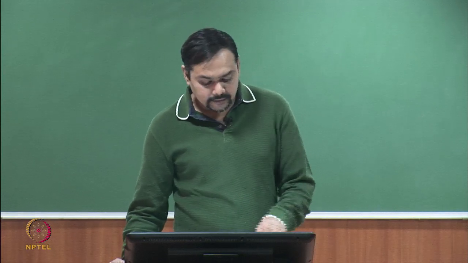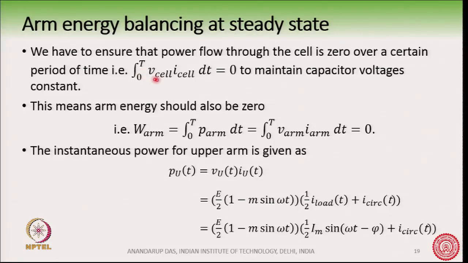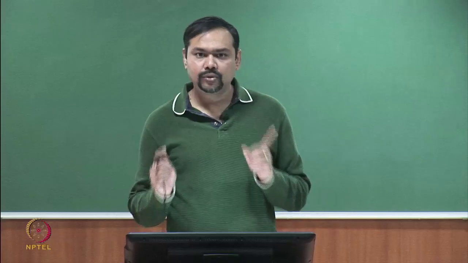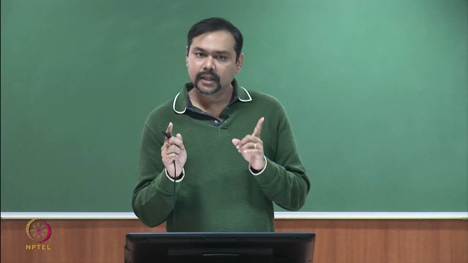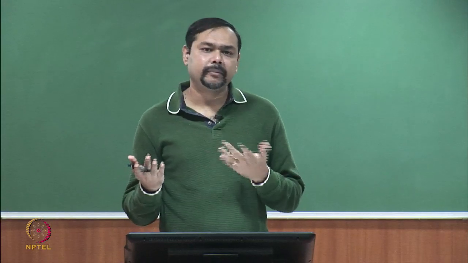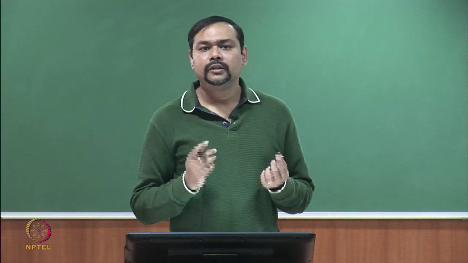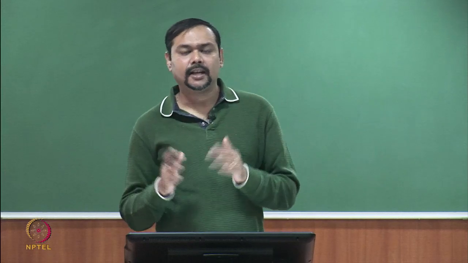In order to find out the magnitude of the DC current, we will mathematically write what I said earlier, that to maintain the capacitor voltage constant, the power flow through the cell must be 0 over a certain period of time. If we can ensure that the net power flow through the capacitor is 0 over a certain period of time, then the net energy taken from the capacitor is 0, and so there will be no net change of voltage over that time period.